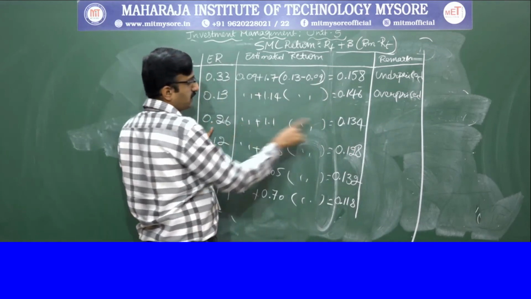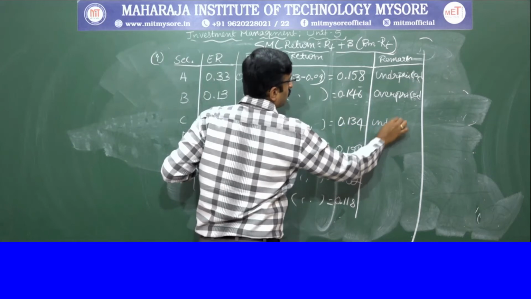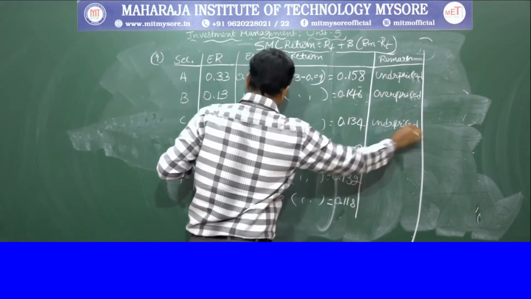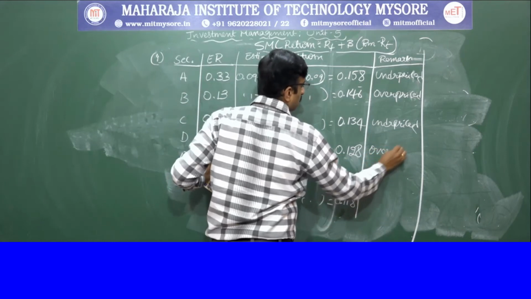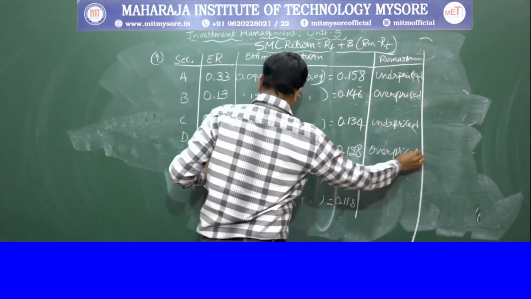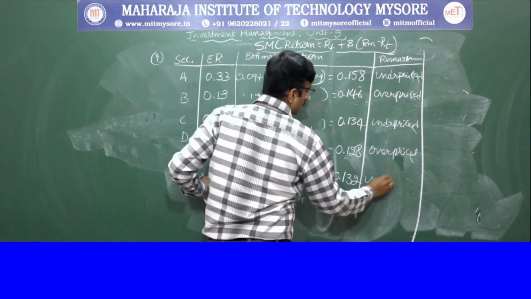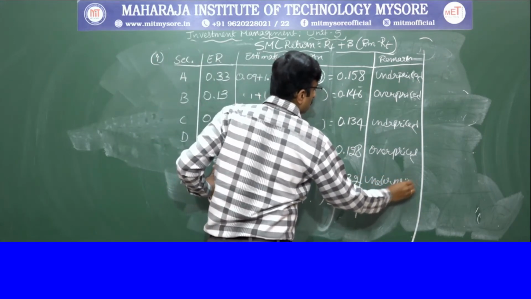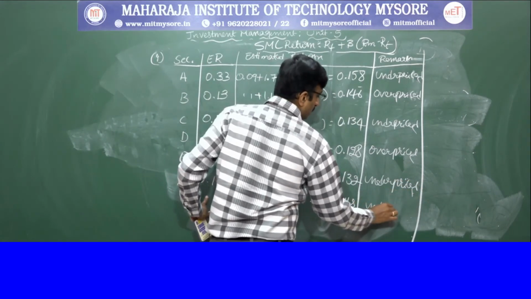Next 0.26 against 0.134, it is underpriced. 0.12 against 0.128, it is overpriced. 0.21 against 0.13, underpriced. The last one is also underpriced.